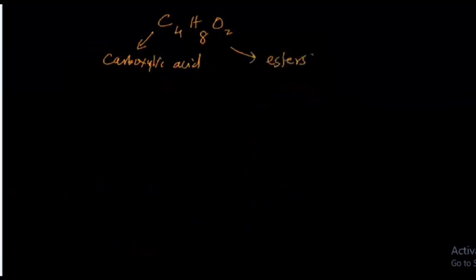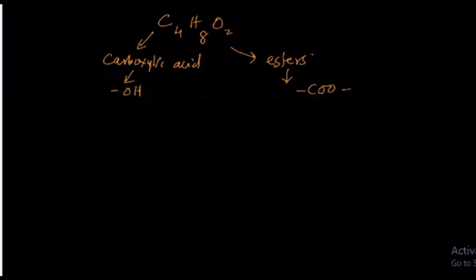Sometimes if you have a general formula like C4H8O2 and you want to draw the different possible structures of C4H8O2, you can draw the structures of carboxylic acid, and you can also draw the structures of esters. The carboxylic acid must contain OH as a functional group, and esters must contain COO as a functional group.